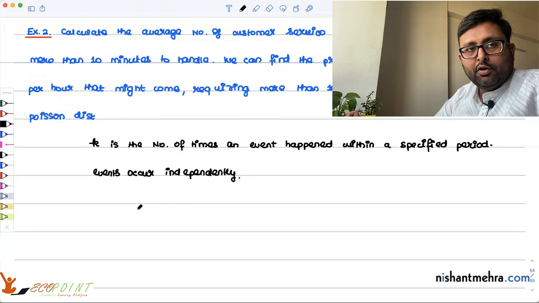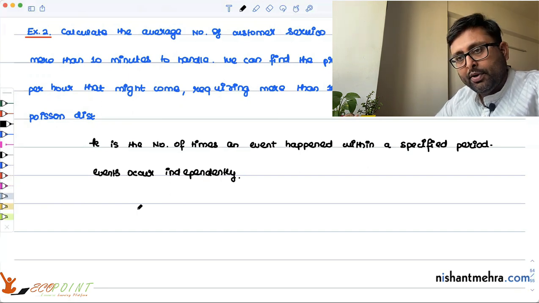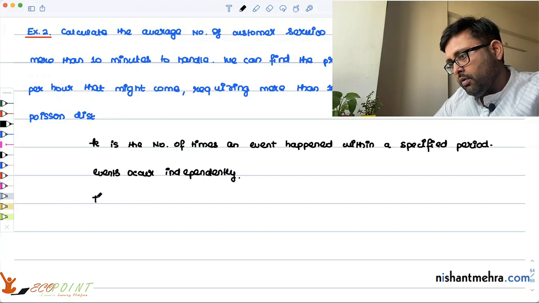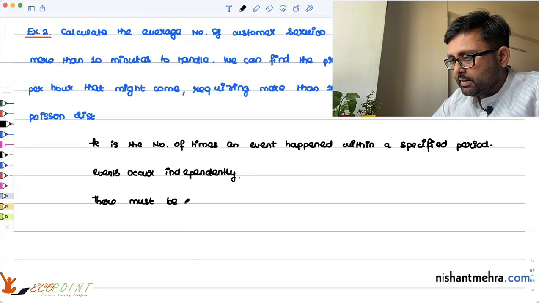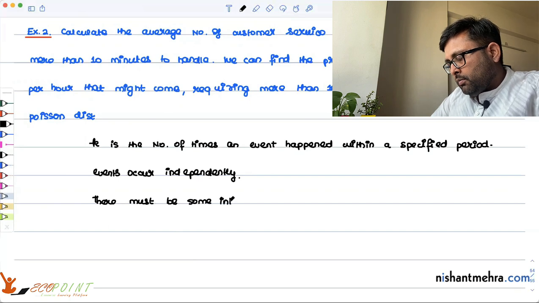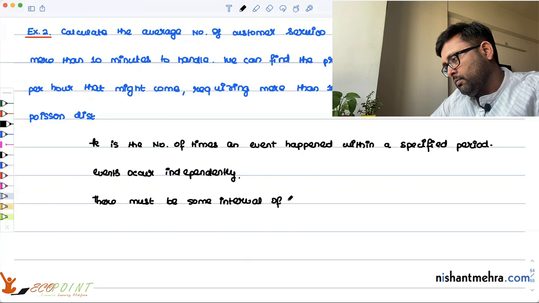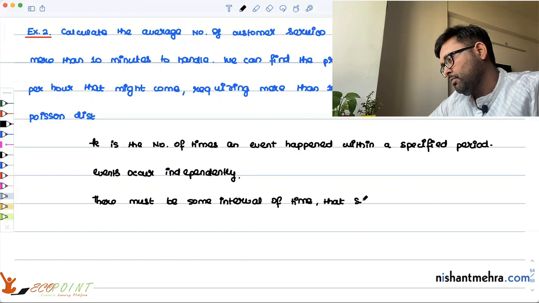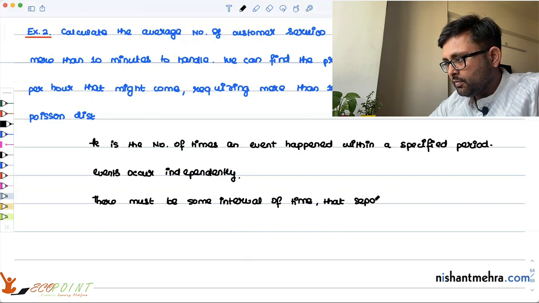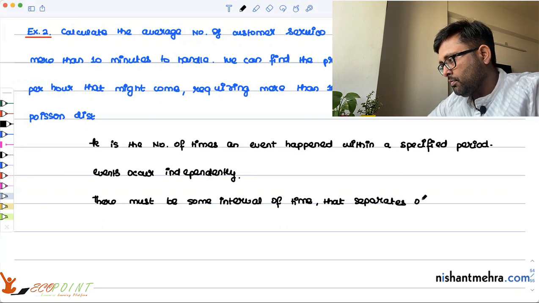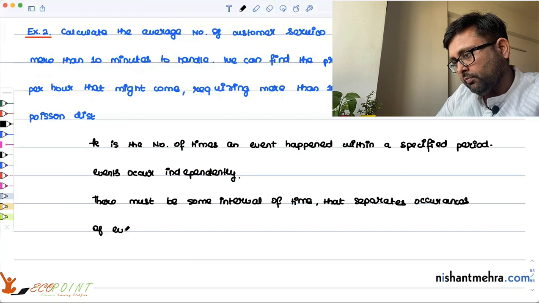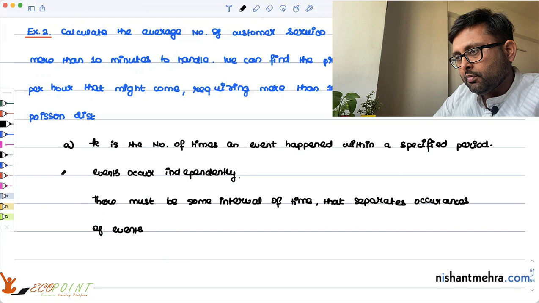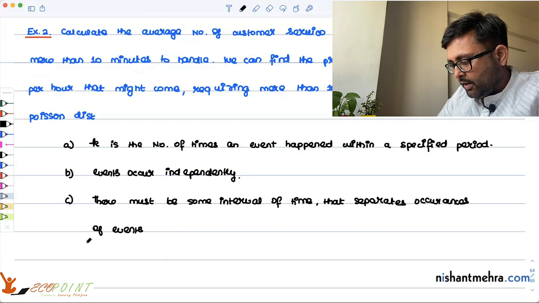Then there must be some interval of time, howsoever small it is, right, that separates occurrences of events.